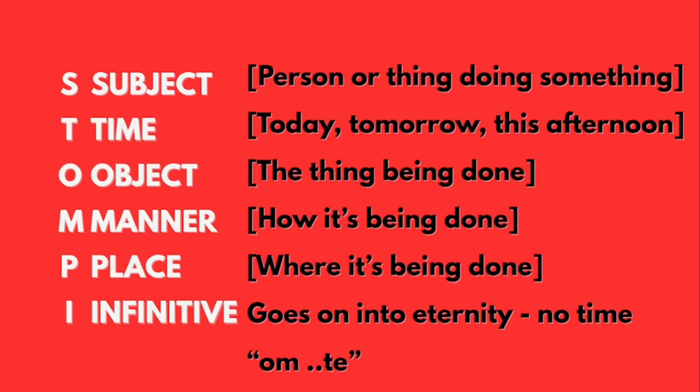At home, by the ice, op die rugbyveld, on the rugby field, etc. Then we have infinitive, and this is after verb 2, and it indicates a verb that has no time barrier. It goes into eternity because we don't know when it's going to end or when it's going to start, but it's in the future.